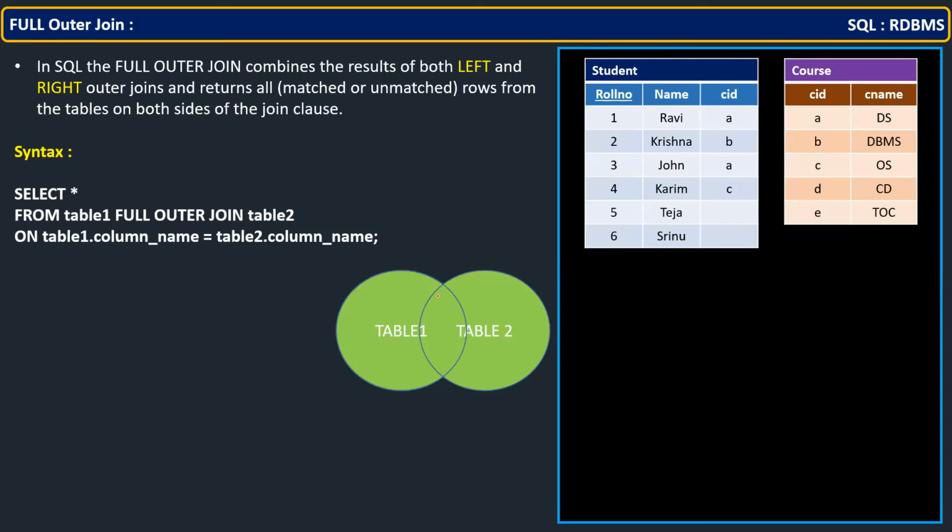The common part is the matched rows. This is matched rows, always remember. This is the unmatched rows from table 1. Similarly, unmatched rows from table 2.